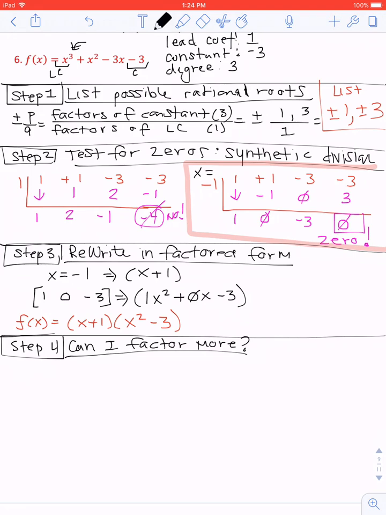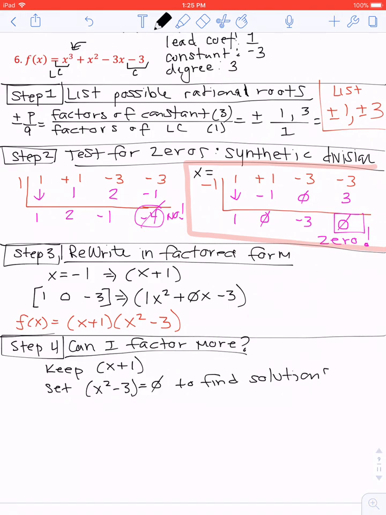But you should remember when we were factoring before or finding zeros and finding solutions, you can actually set that term to 0. So we are going to keep the x plus 1, and we need to set that x squared minus 3 to 0 to find the solutions.